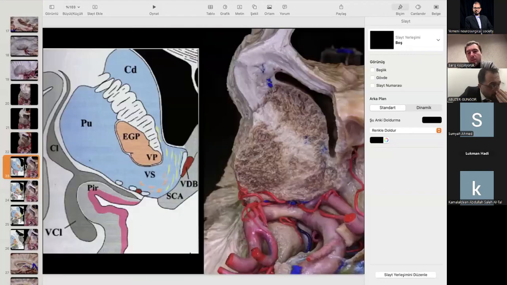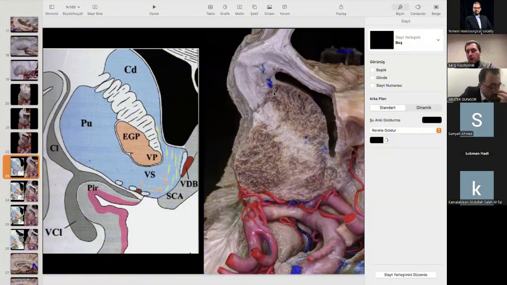Maybe it will become more clear with these two pictures put side by side. This is again a right hemisphere, the lateral ventricle here. The roof is formed by the corpus callosum. This is the internal capsule going into the basal ganglia. This is more posterior to the anterior limb, but still we are anterior to the foramen of Monro.